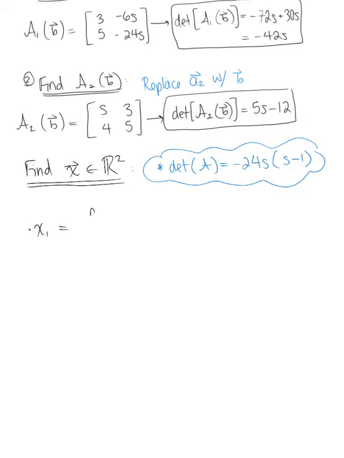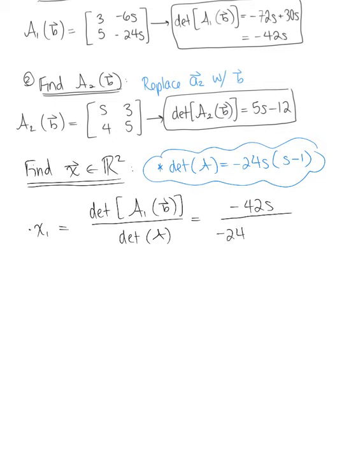By Cramer's rule, this is defined as the determinant of matrix A sub 1 of vector B, all divided by the determinant of matrix A. So we have in the numerator negative 42S, and in the denominator negative 24S times S minus 1, which simplifies to 7 all over S minus 1.